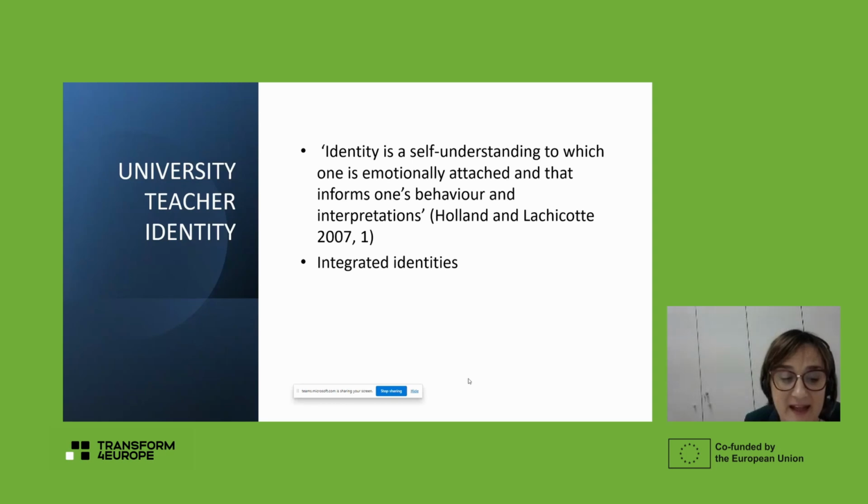Now, why is this so important? Let's say, why is it so important to understand our role as a university teacher? I think the answer to this is that the perception of our role as a teacher has a really important impact on the teaching strategies and the methods which you will use in teaching in the classroom.